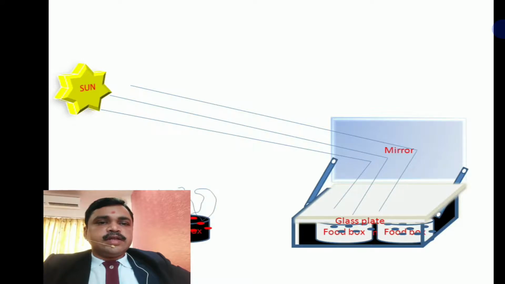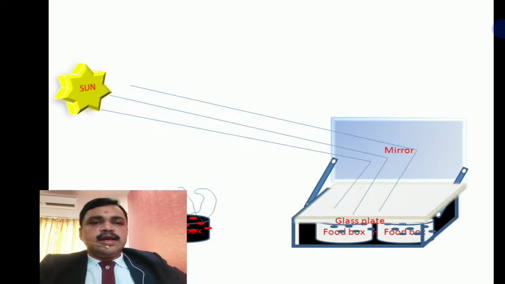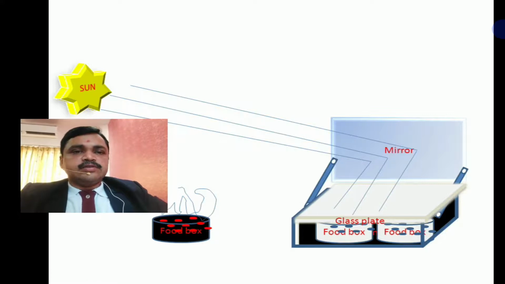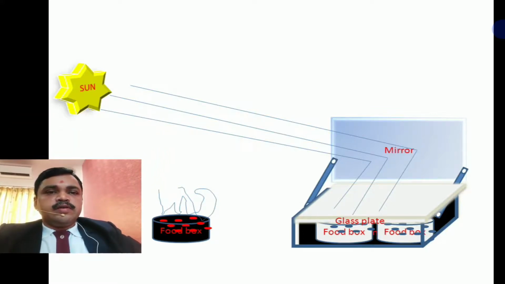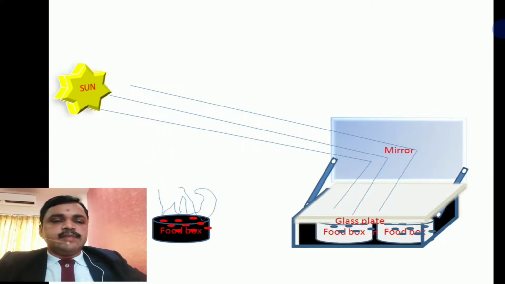Inside the box and the containers are in black color. So solar radiation is absorbed at a high rate.